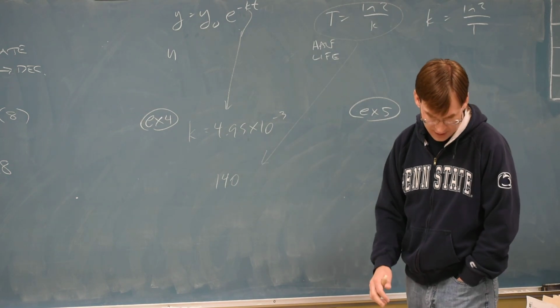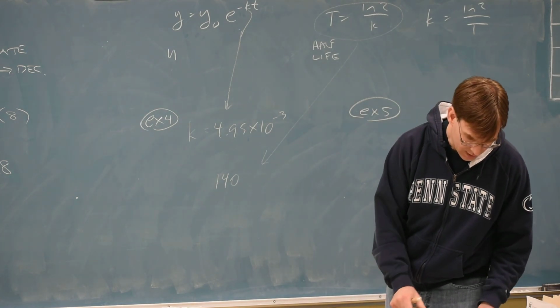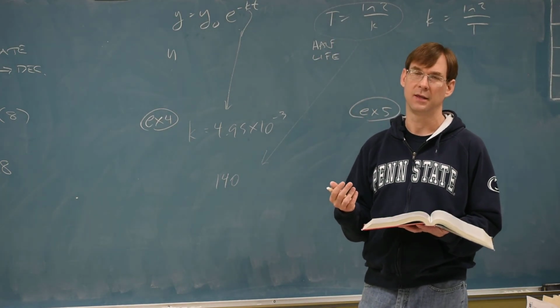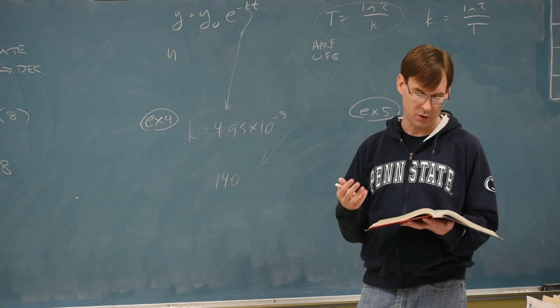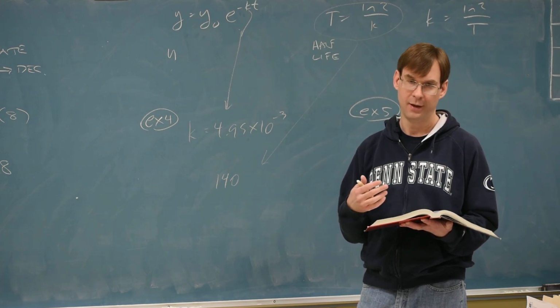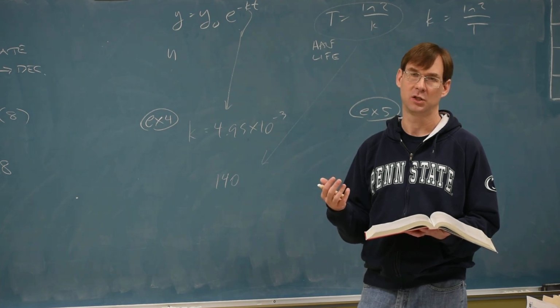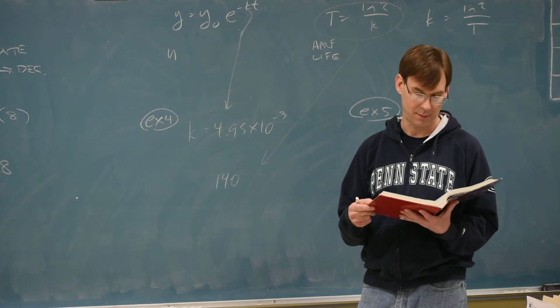A side application of this is a thing called carbon dating. Someday I'll explain to you carbon dating. Usually at this point, we end up with a big carbon dating explanation. I go off on a rant about evolution and all sorts of things, but I'll save that rant for in person some other day.